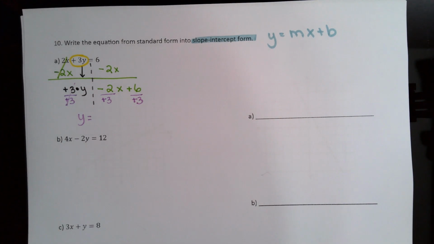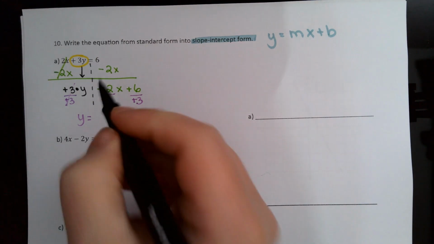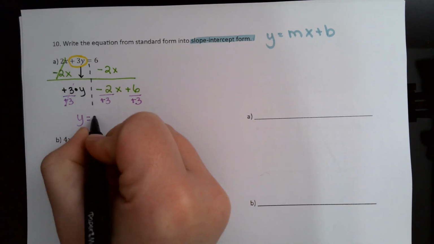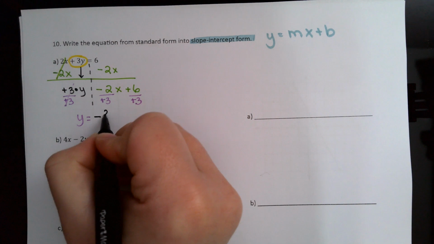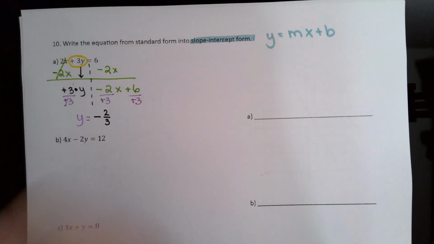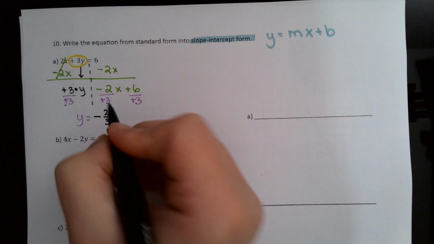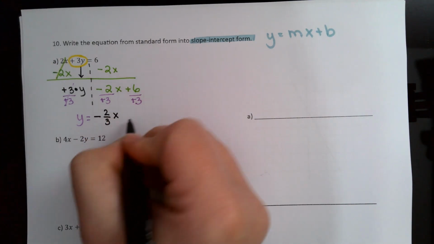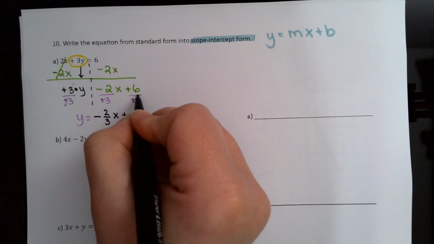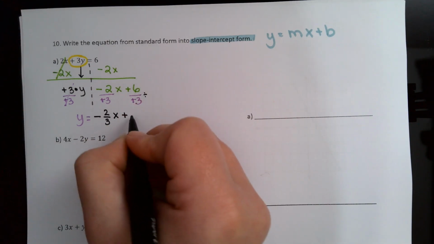Here, we're going to ask ourselves, are these same or different? So here I have negative, positive. These are different. 2 and 3, just copy it down. These are 1 away. When it's 1 away, 2 plus 1 is 3. 3 minus 1 is 2. Then it will not simplify. Here's your x. Here, same or different? Same. 6 divided by 3 is 2.